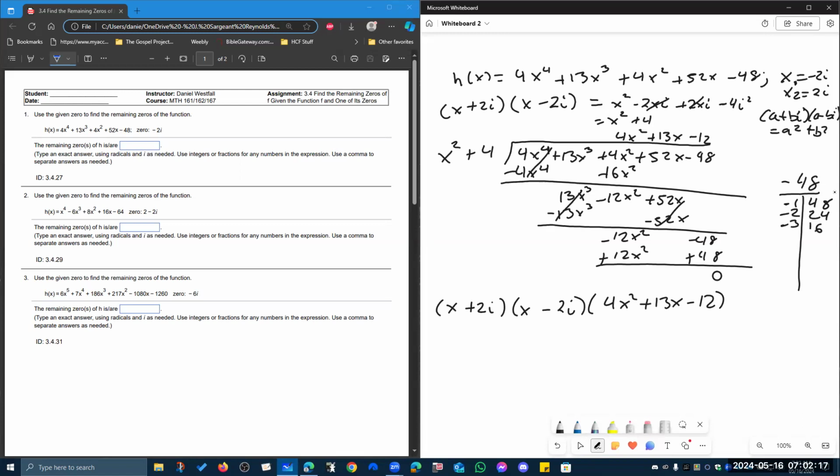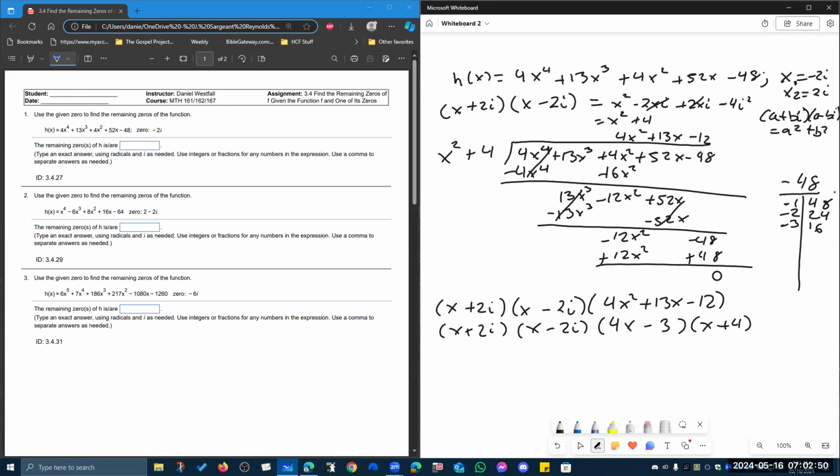That's it. So x plus 2i, x minus 2i, and then this is going to be 4x and 4. This is positive, this is negative, that's 3, and that's 1. 16 minus 3 is 13. Negative 3 times 4 is negative 12. 4 times 1 is 4.